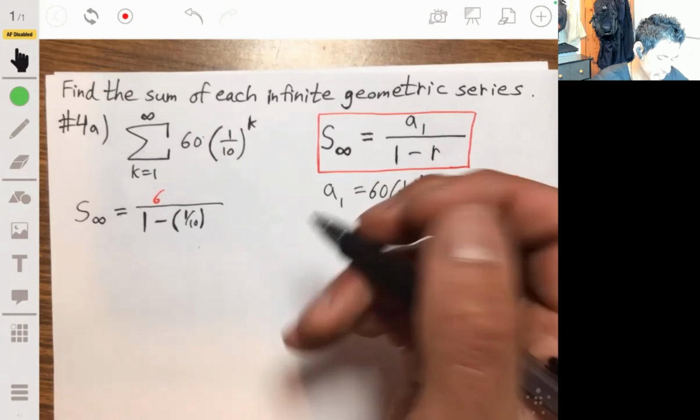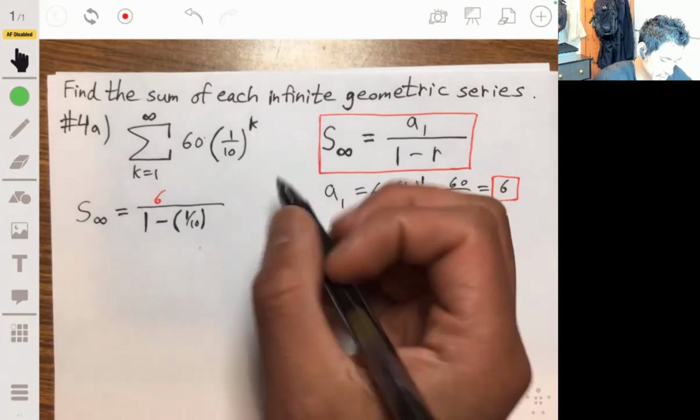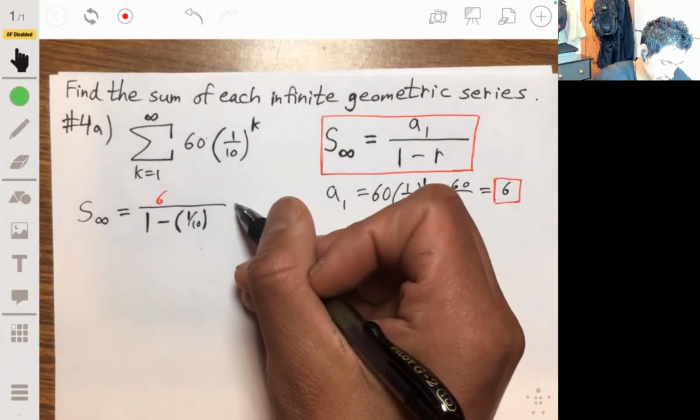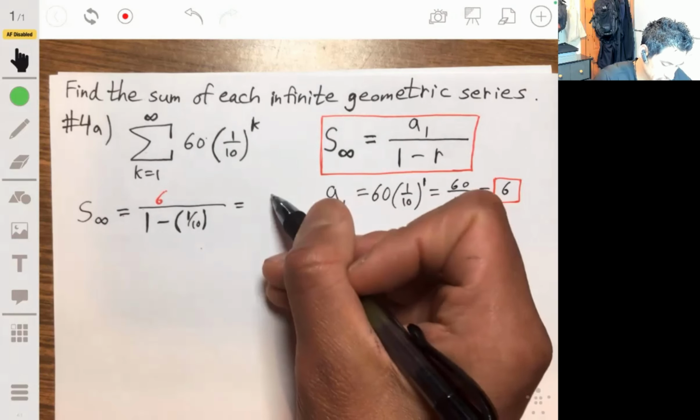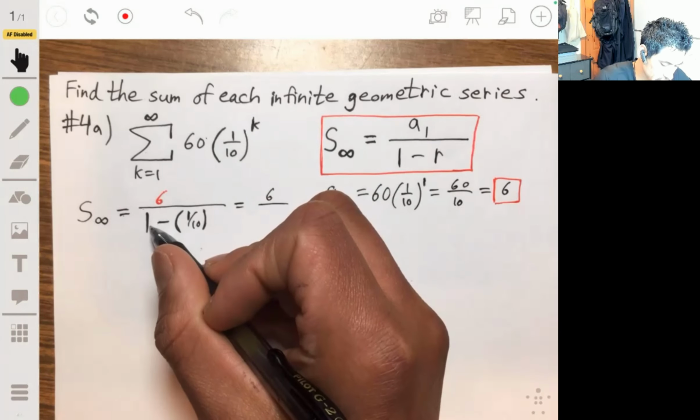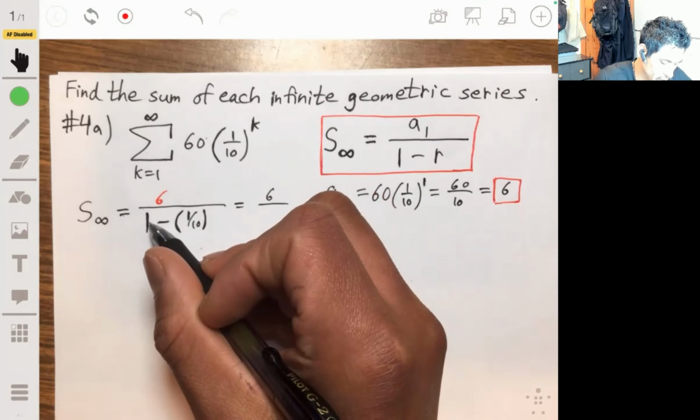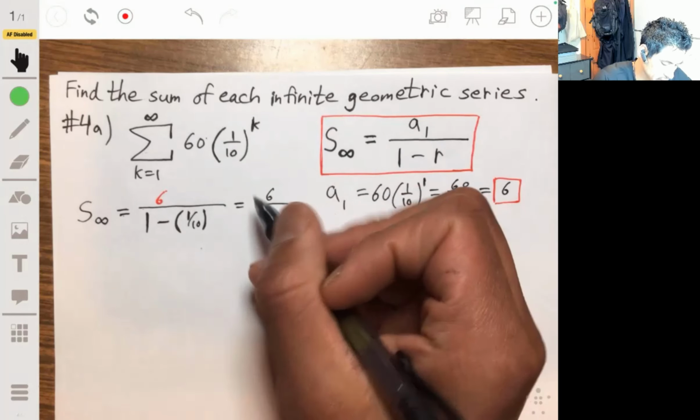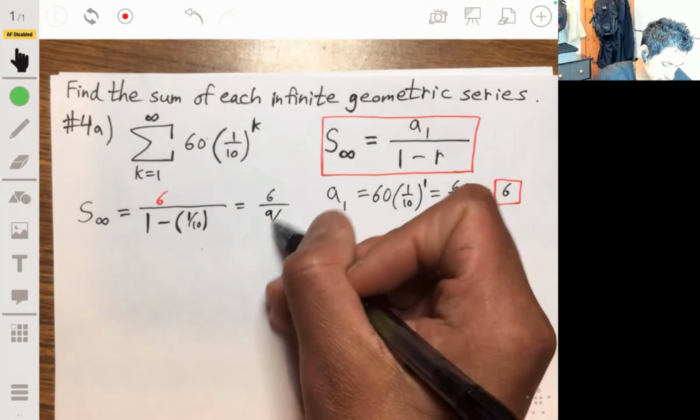So 1/10, and all we have to do is simplify this. This will be 6 over 1/10 taken away from 1. 1 is the same as 10 tenths. Those will be just 9 tenths.